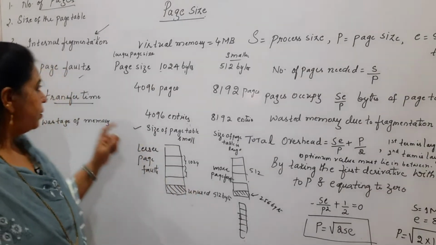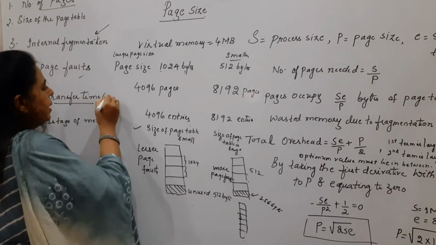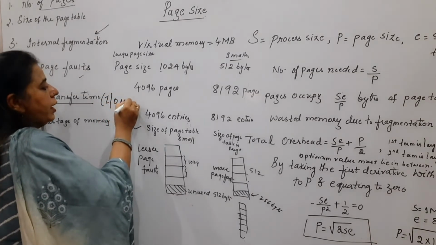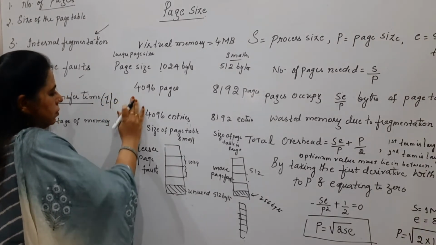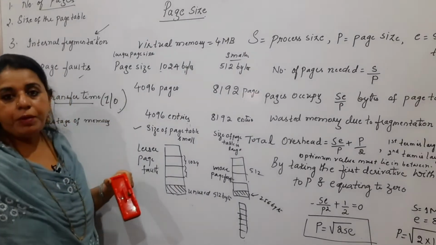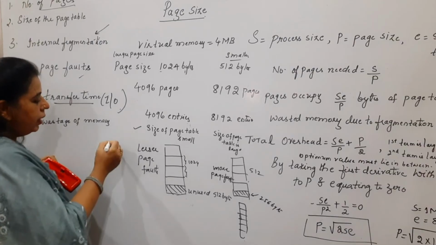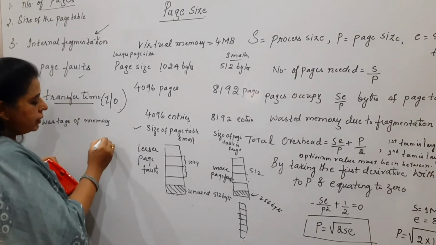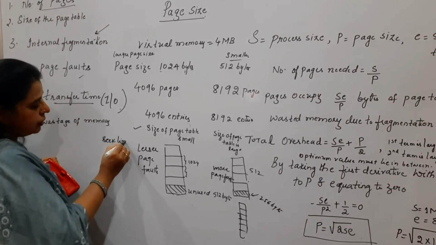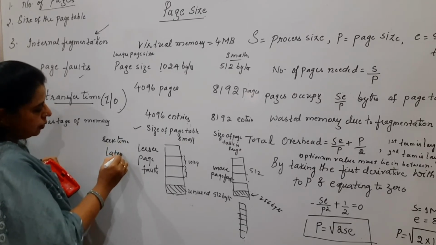Another parameter I have mentioned here is transfer time. It is actually the input output time, or the time to read a page. The time taken to read a page is composed of three different times: the seek time, latency, and transfer time.